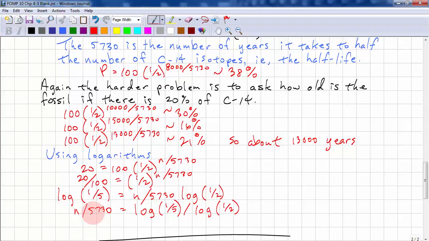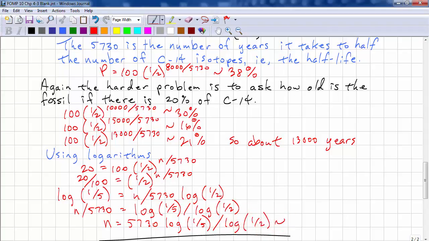On this side we have divide by 5730, so we need to multiply both sides by 5730. N equals 5730 log 1/5 divided by log 1/2.